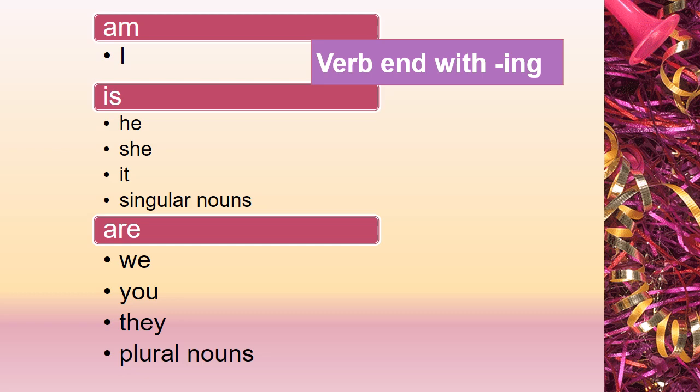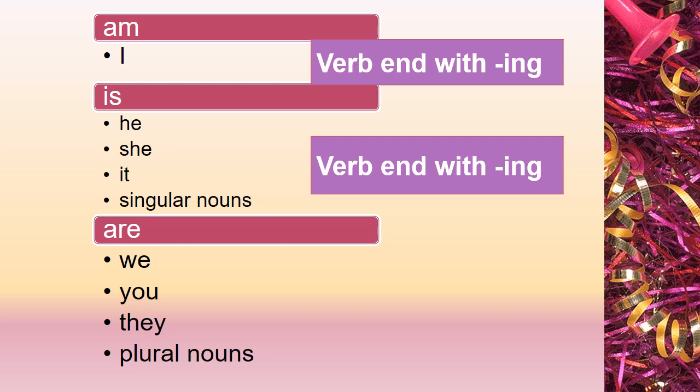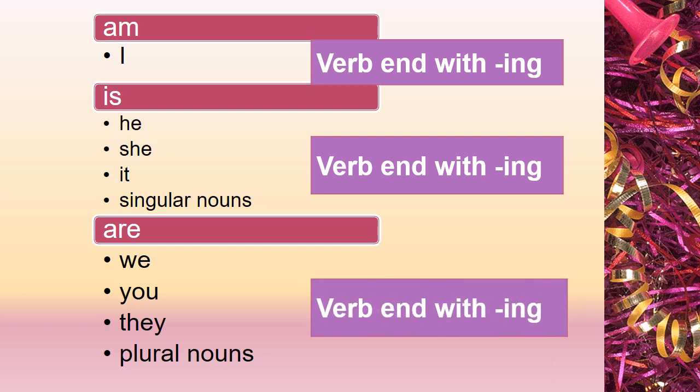With he, she, it and all the singular nouns we use is plus verb ending with ing. With are we use we, you, they, and all the plural nouns plus verb ending with ing.